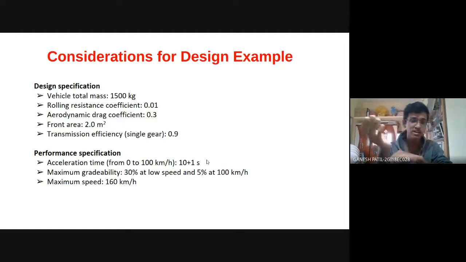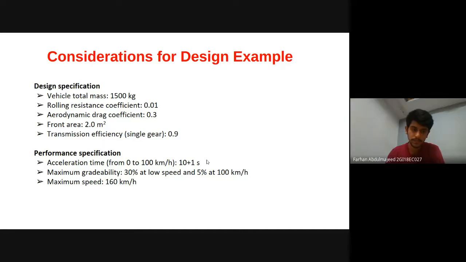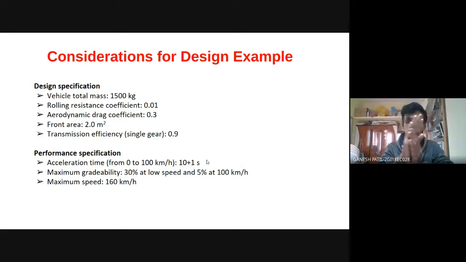That will be a secondary factor, because for a high speed EV, of course it will matter. Frontal area is the area of the vehicle where the air will directly hit. So the windshield and the bonnet part will be included in the frontal area.